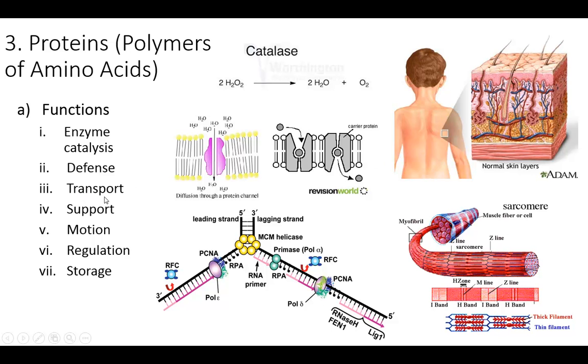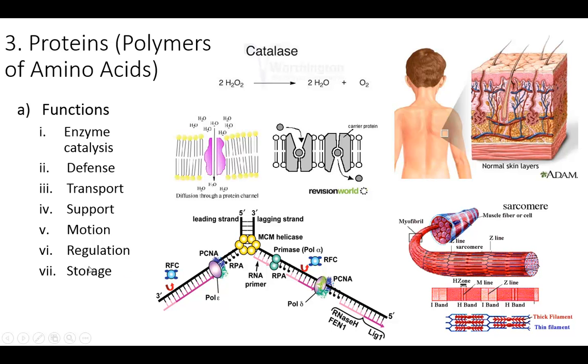They're also used for transport, so they will bind to things and then transport them through the bloodstream. Used for support, again, muscles and skin are made of protein and support other structures and bones in the body. Motion, muscles, of course, are how we move our skeleton, also how we move things through our digestive system.